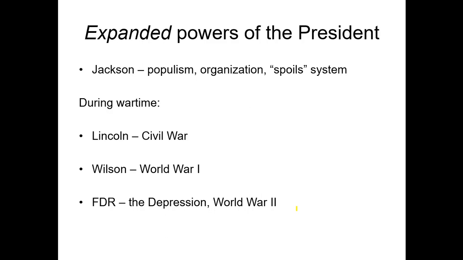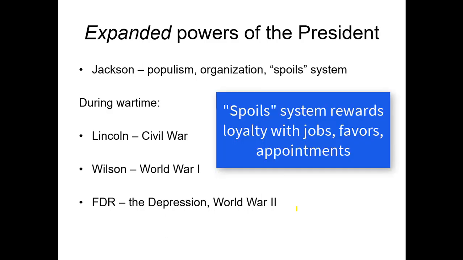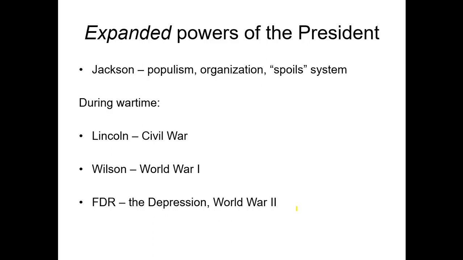We already talked about how he was responsible for organizing the Democratic Party when he was denied the presidency back in the 1820s. He also made full use of what is called the spoils system, where he passed out a lot of favors to people who would support him, help him get elected, or help take his power on down through the system.